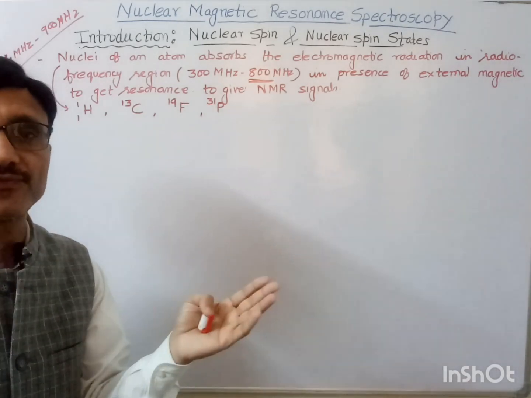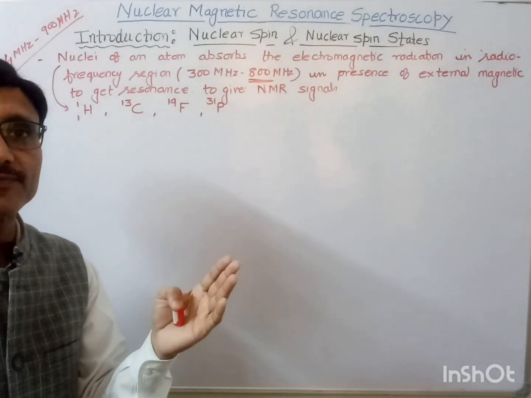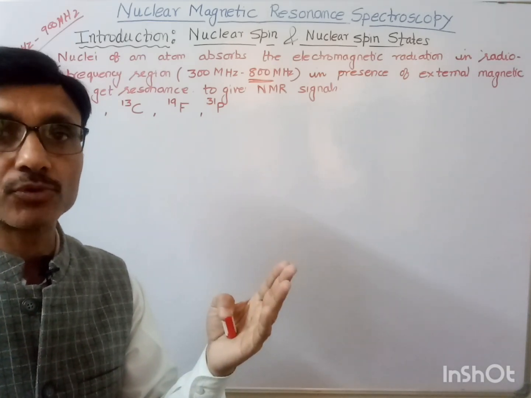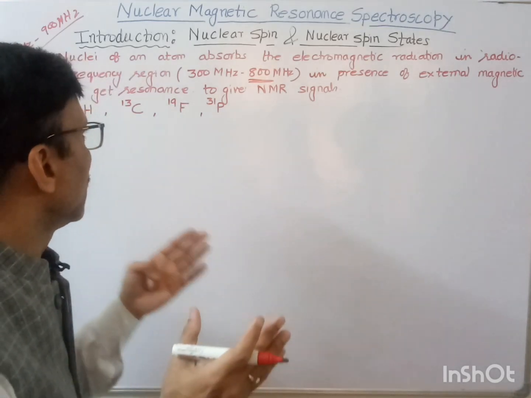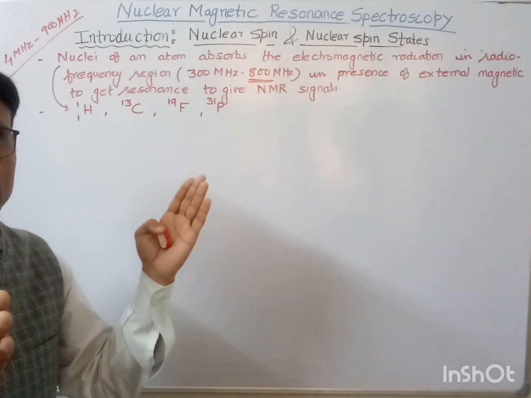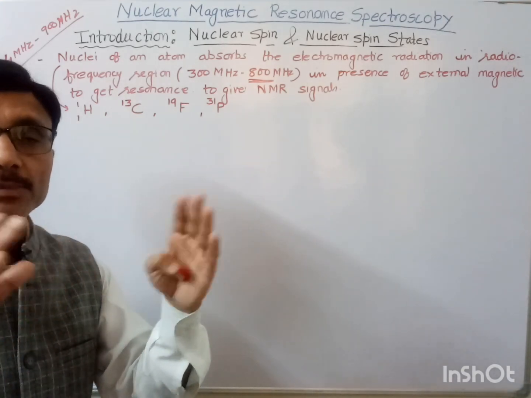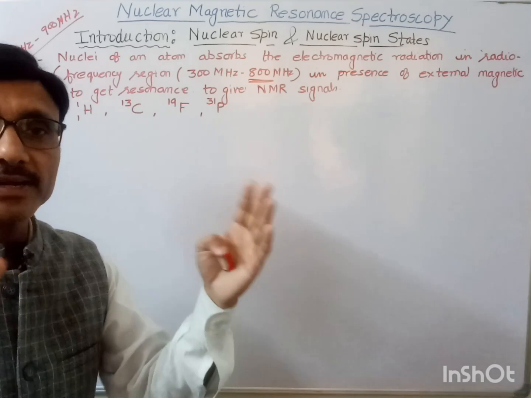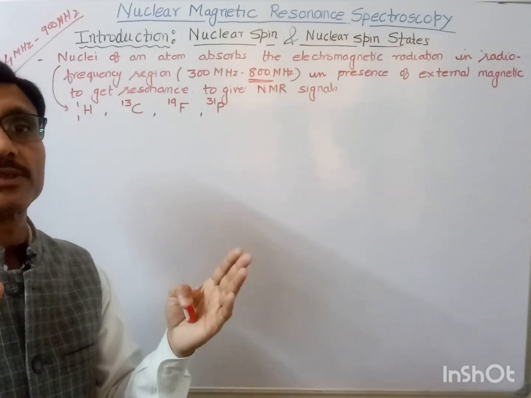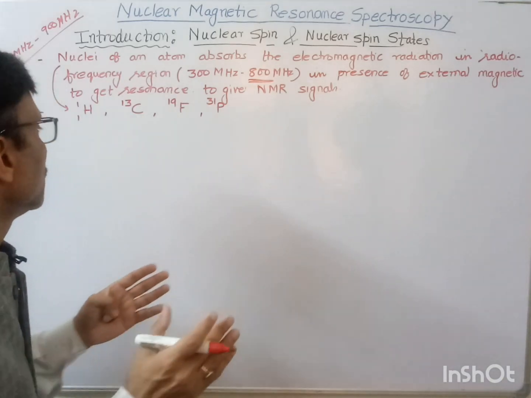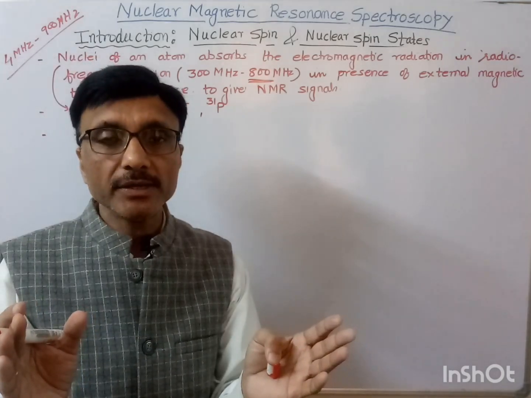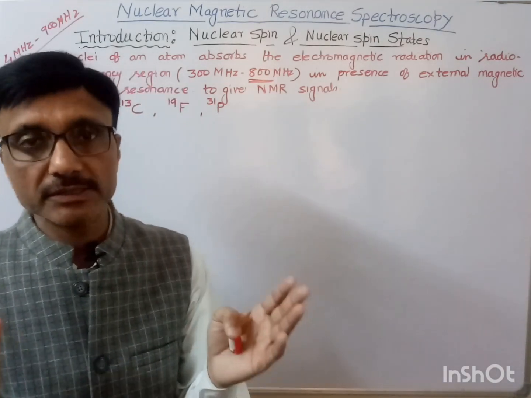If the environment is different, then those protons are said to be different, or distinct, protons. In the same way, if many carbon-13 atoms are there, and they have different environments, then they are said to be different or distinct carbon-13. So depending upon the different environments of the nuclei, we will have NMR signals.